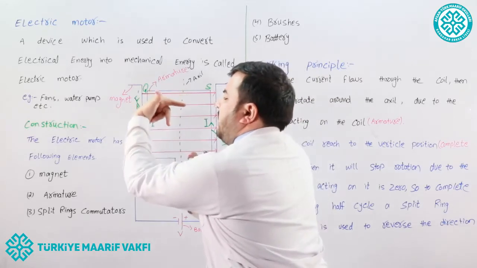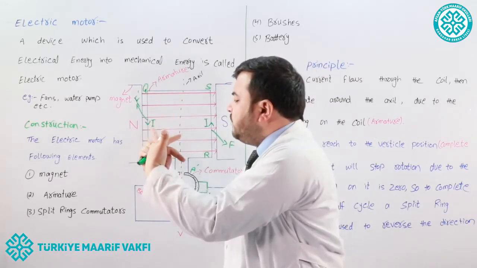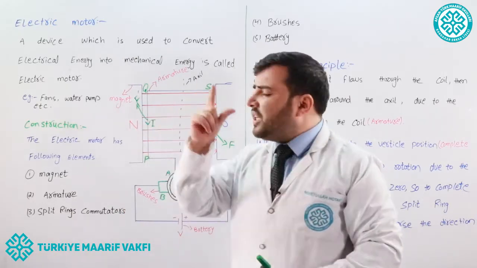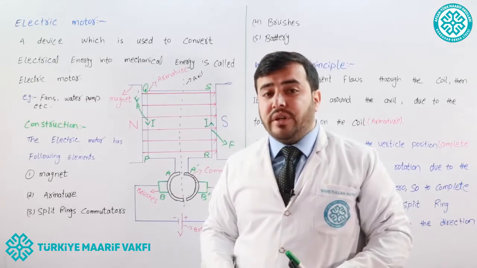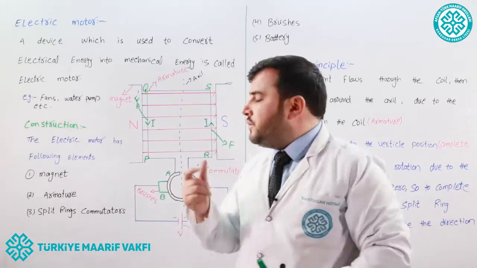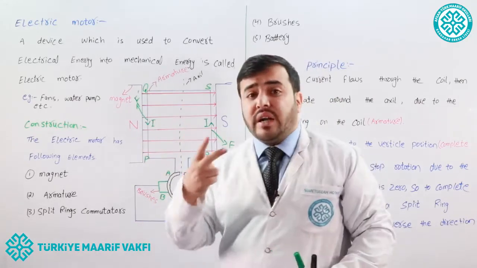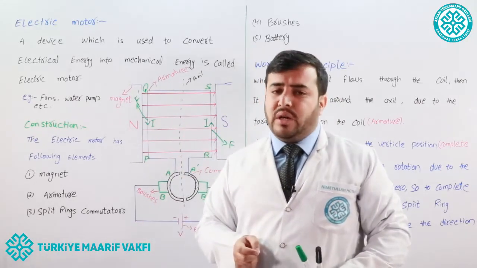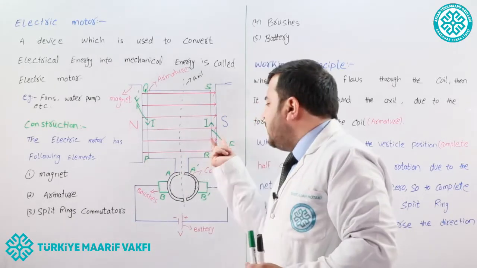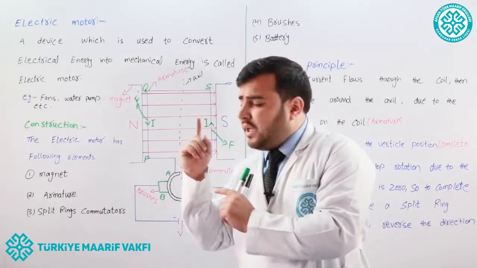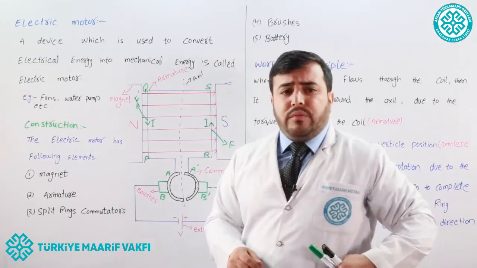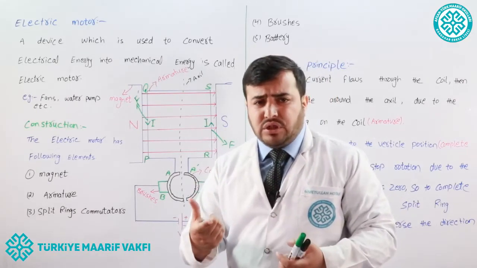Applied here at this PQ side of the conductor, the force is acting outward. So these two forces are equal in magnitude, but opposite in direction. How are they opposite? One is acting inward and the other is acting outward. So these two forces are opposite to each other.